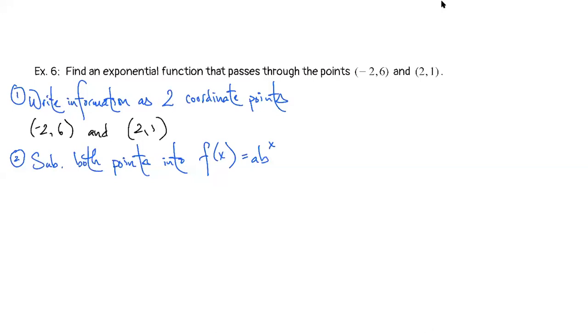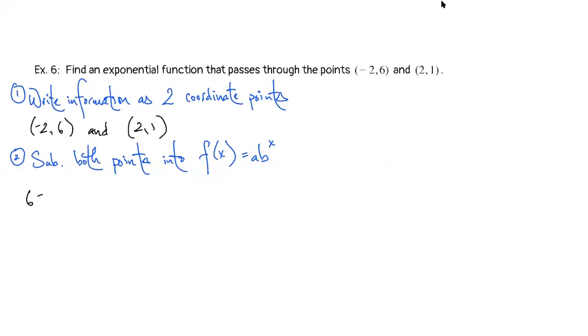Okay, so when I rewrite this, it's going to look like 6 equals ab to the -2. How do I write the second point into the equation, into a separate equation? What does that look like?